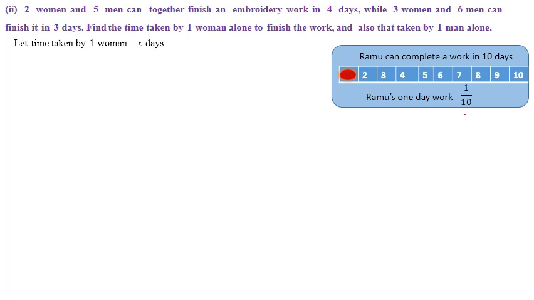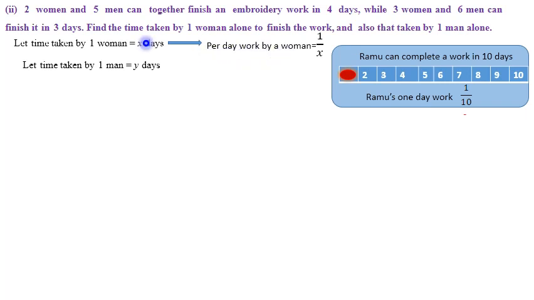Now we shall go for assumptions. The time taken by 1 woman, that is what we have to calculate first. Time taken by 1 woman, we take it as x. Then the time taken by 1 man, we assume as y. From these two assumptions, we go for the per day work.